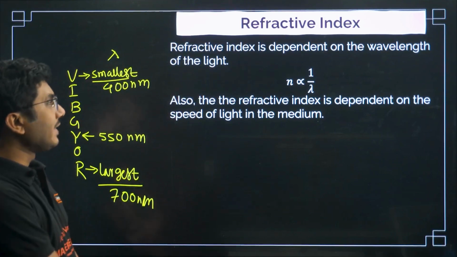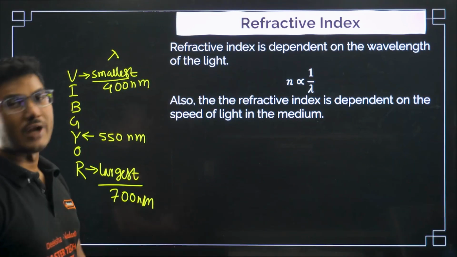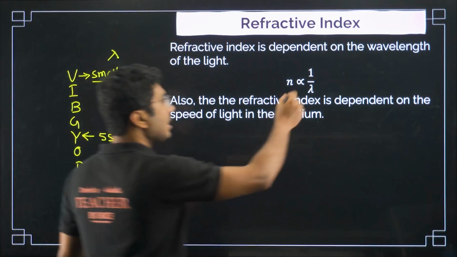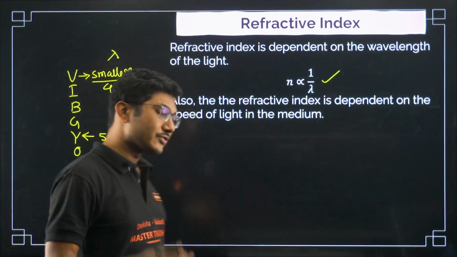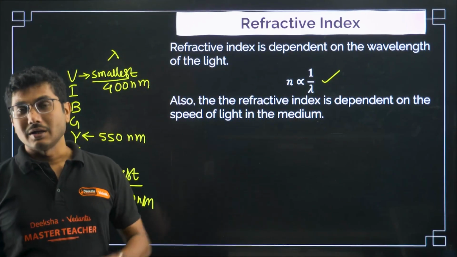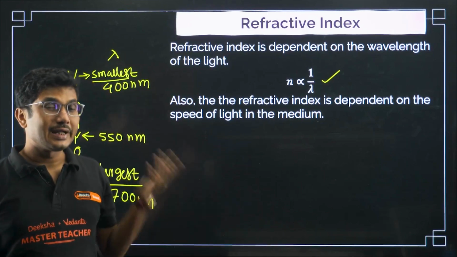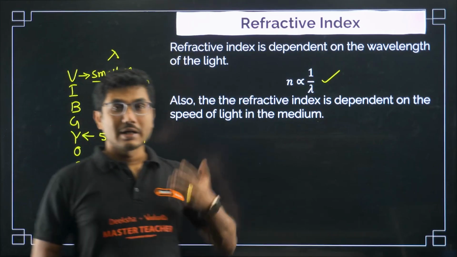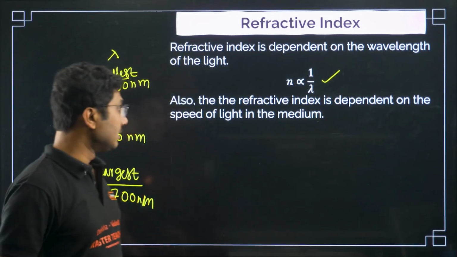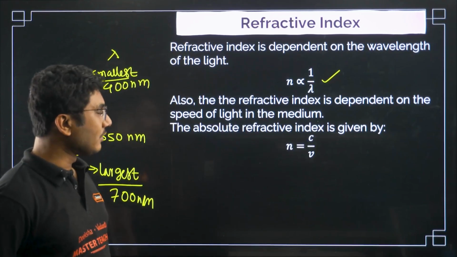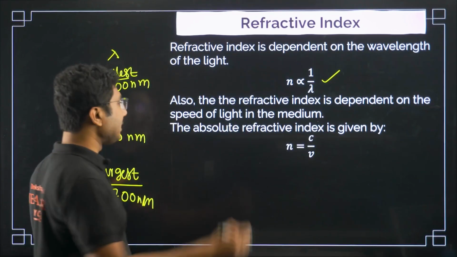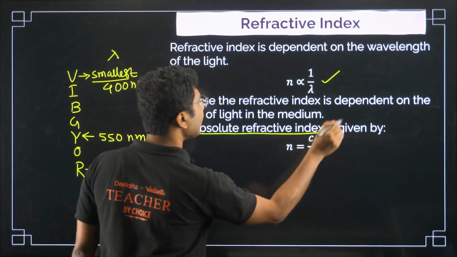Also the refractive index depends on the speed of light in the medium. So it depends on the wavelength, and it depends on the speed of light as well. As we know, different colors have different speeds in a medium. So the absolute refractive index is given by n equals C by V. What is the meaning of absolute refractive index?